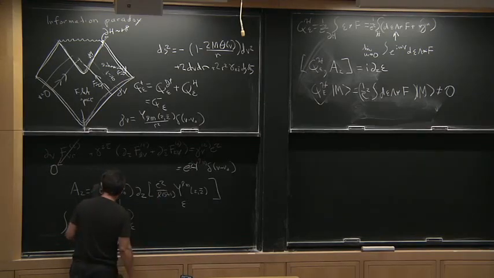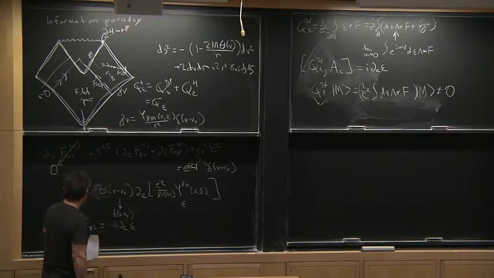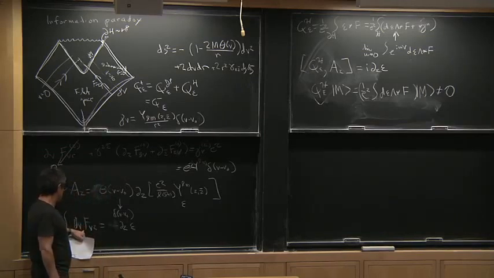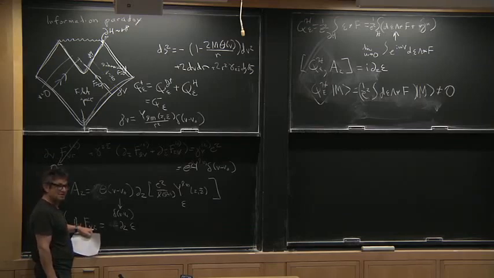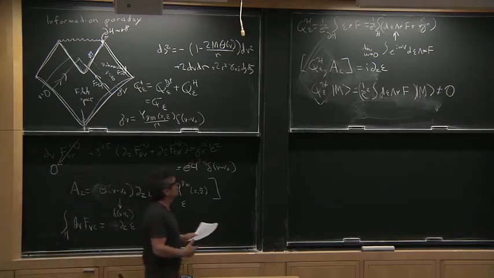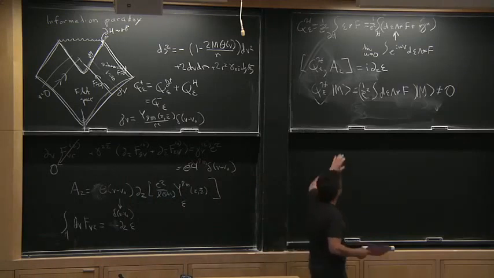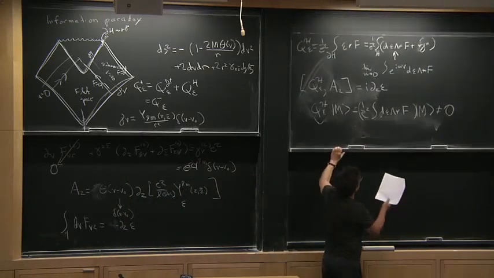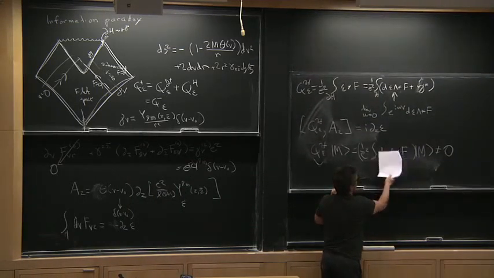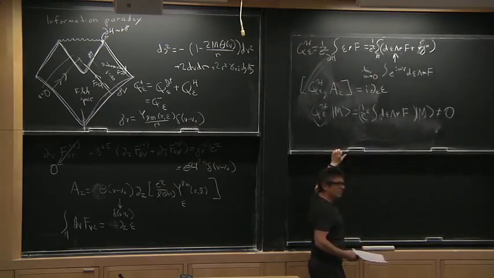Yeah, including the e squared there. So this integral of F_vz is non-zero. So when the integral of F_vz is non-zero, that means that this thing is non-zero. So that means that there's a soft photon.